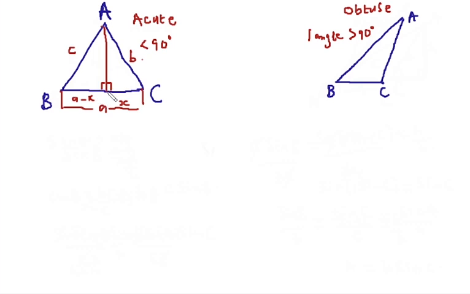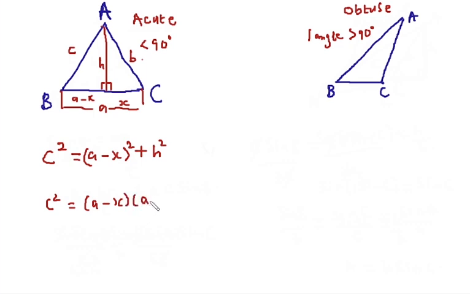We are going to deal with these two triangles differently. Starting with this triangle here, I'll be using the Pythagoras theorem to find the value of C. C square is equal to (A minus X) squared. Let's say the triangle has a height of H, so this is plus H square. So C square is equal to (A minus X) squared plus H square.